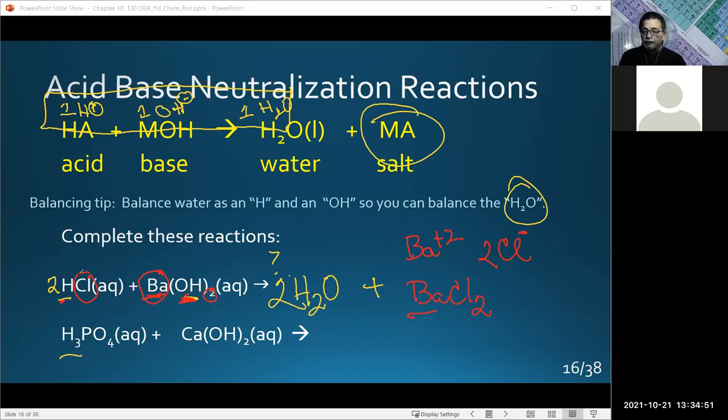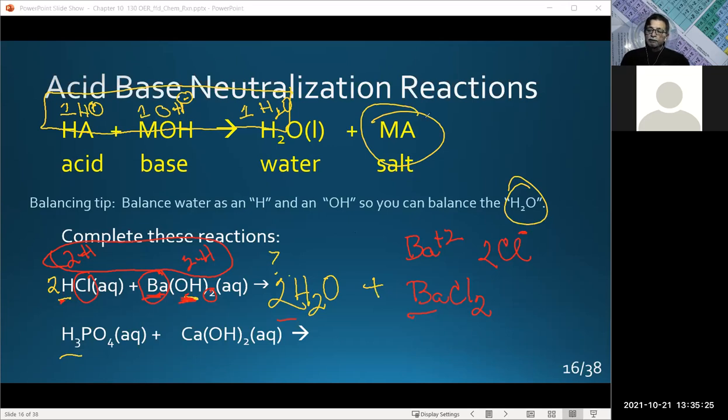So the hydrogens, even though we follow water, we got 2 H's coming from hydroxide, and 2 H's coming from hydrochloric acid. We got a total of 4 hydrogens. What do we got here? We got a total of 4 hydrogens in the form of water, okay? So by following the acid and the base, we balance the oxygens and the hydrogens. And then the salts just fall in place.